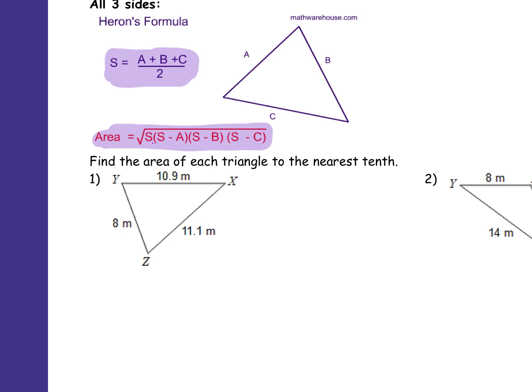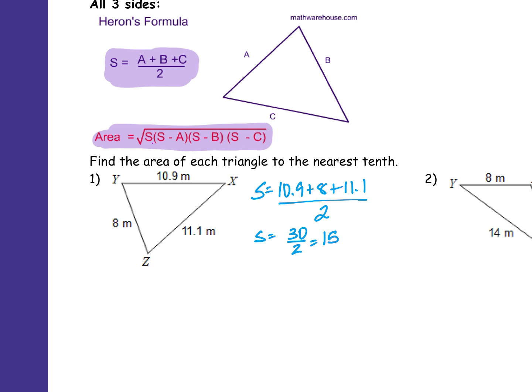So first I want to find S. That's the first thing I want to do. So I'm going to do 10.9 plus 8 plus 11.1, and then I'm going to divide by 2. That is 30 divided by 2, which is 15.